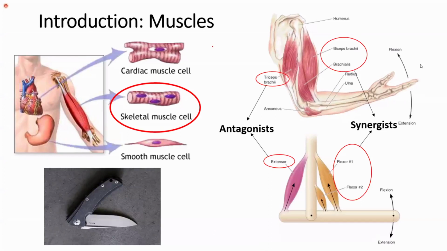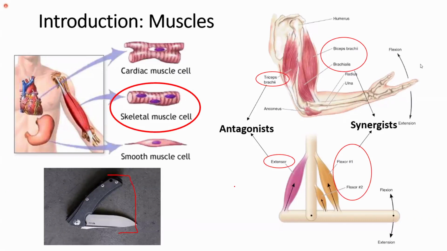Like you can see here, this is the pocket knife. If the movement of your arm was in the way that you would be opening the knife, it would be called extension. If it was as if you are closing the knife, then it would be flexion. So muscles work in opposing groups. For example, in this case, the biceps and the triceps are antagonists of each other.